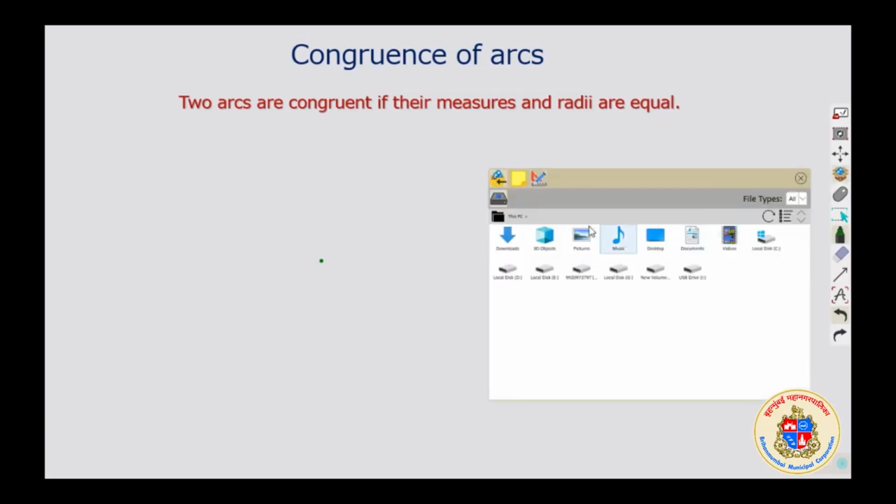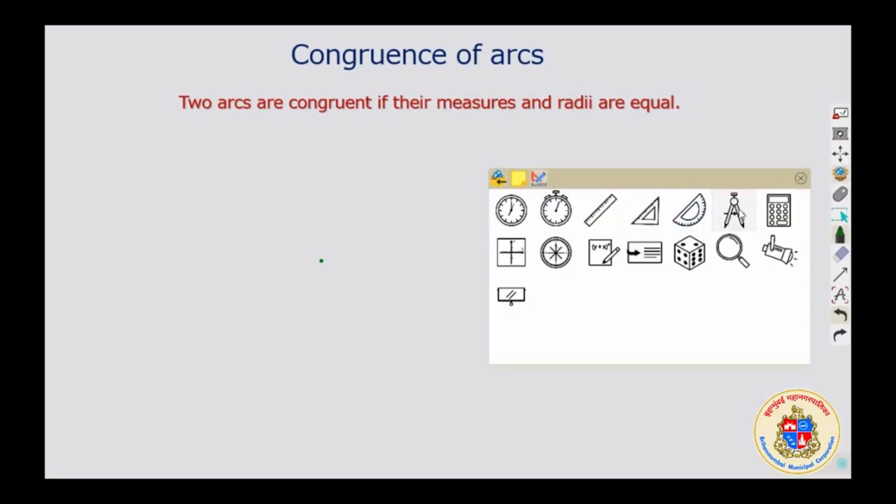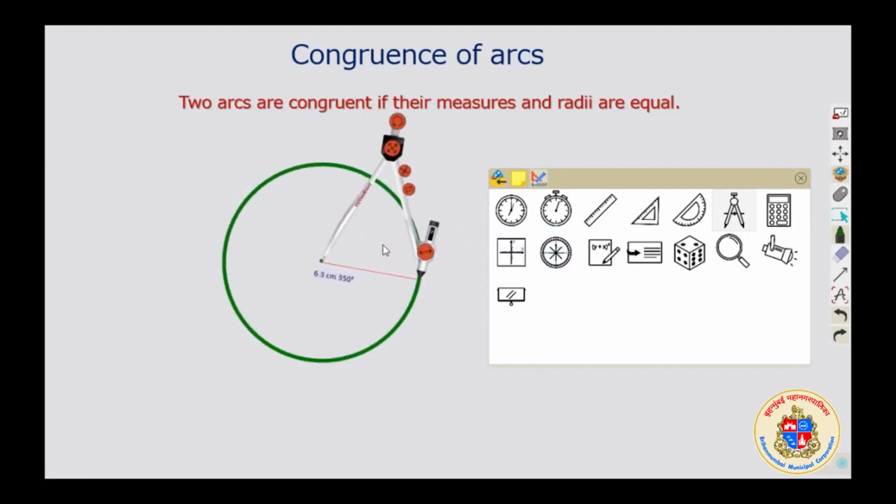For that I am taking the compass and drawing circle here with a point given. Here is a circle. I will draw a little bigger circle. Here is a circle with the center over there.